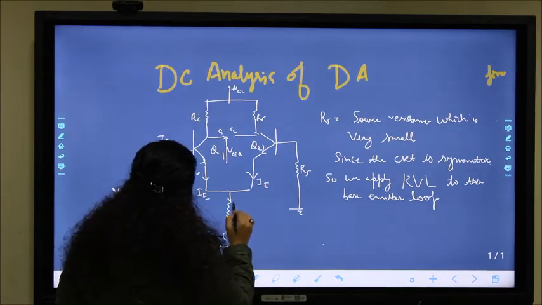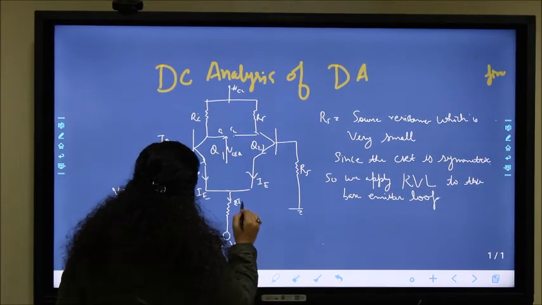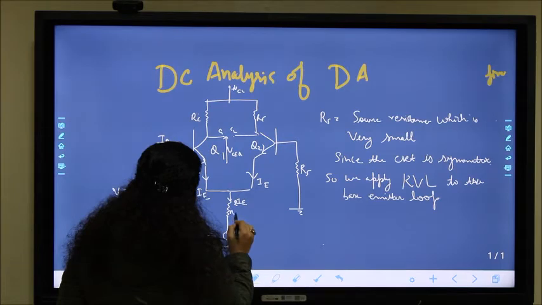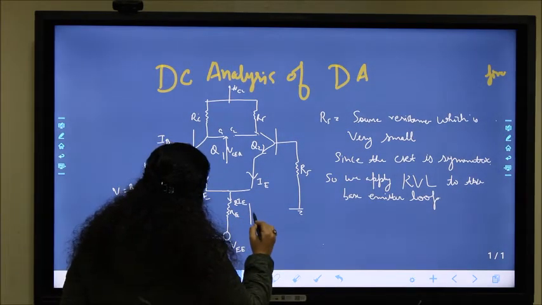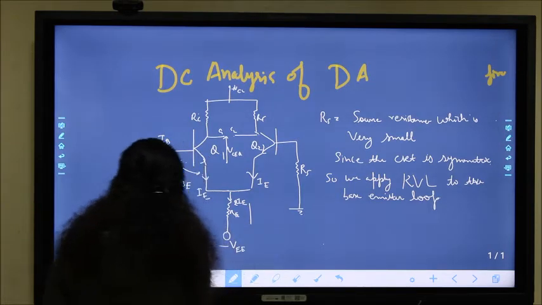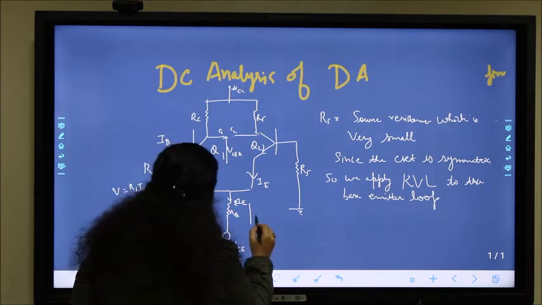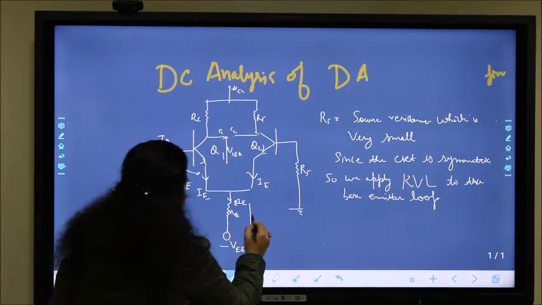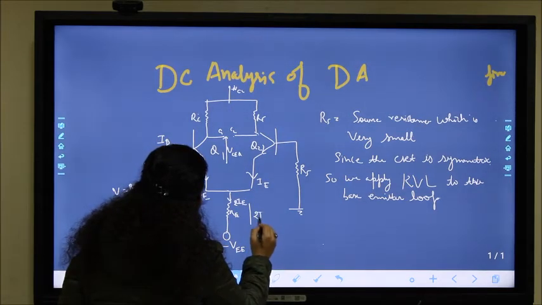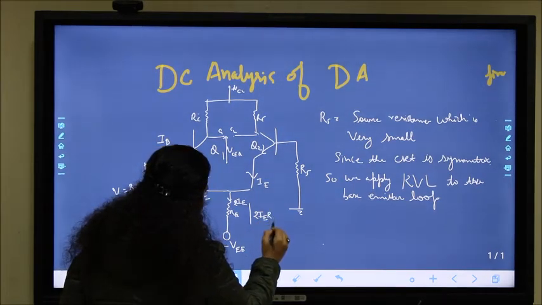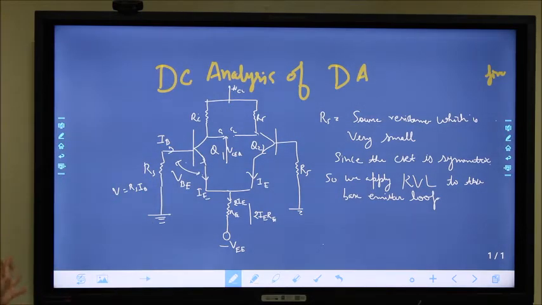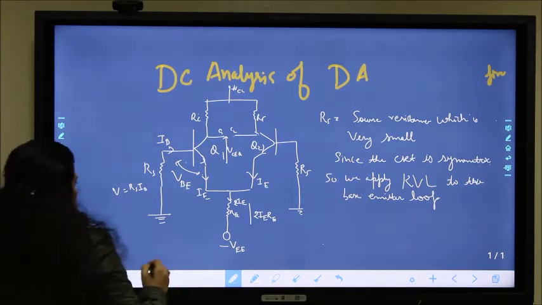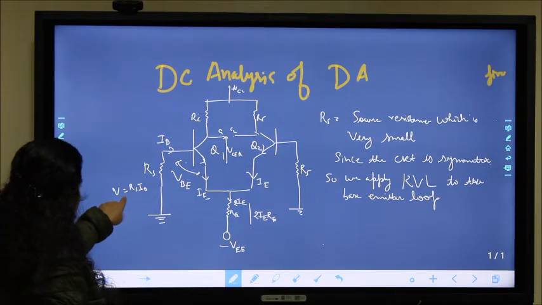In the same way, IE is the emitter current here and IE is the emitter current here, so the total emitter current is 2IE through the emitter resistance RE.